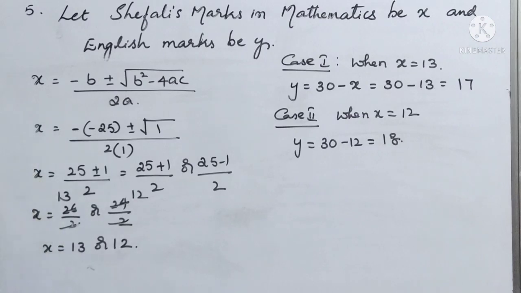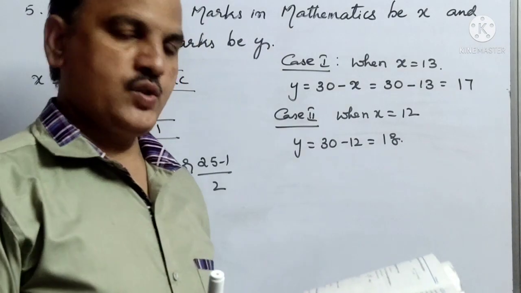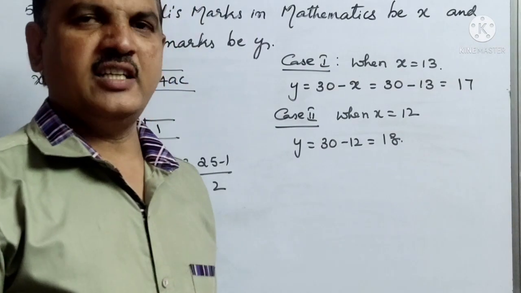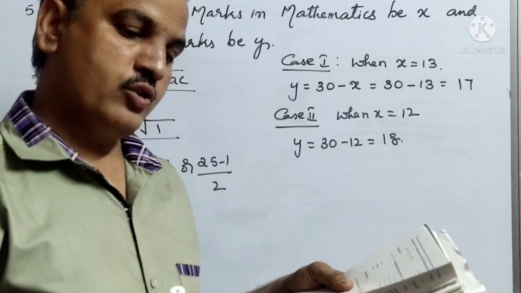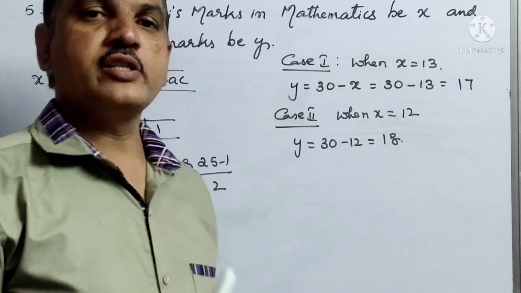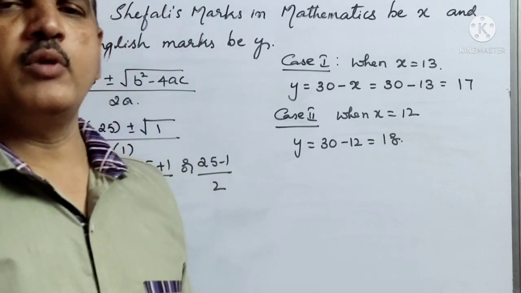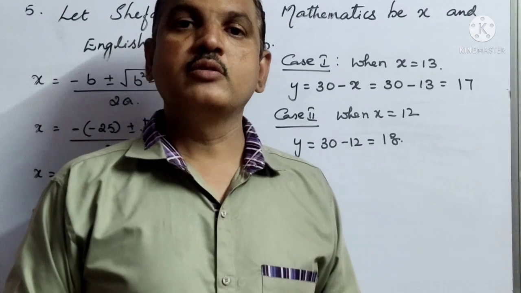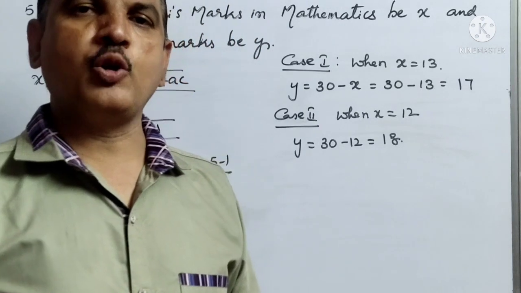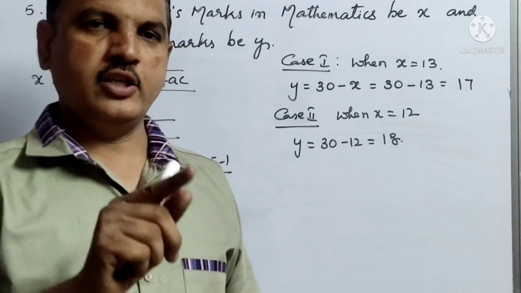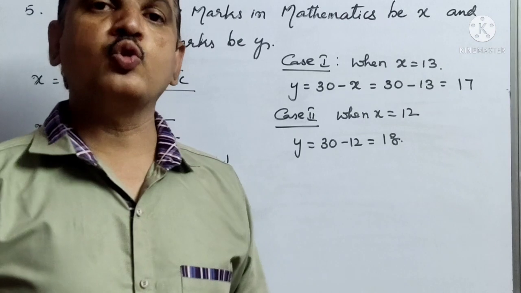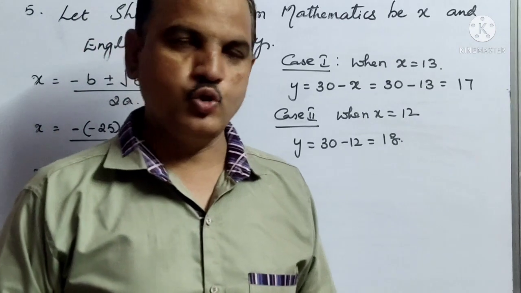Okay children, if it is possible, why don't you try any other sum like this? If not, do one small favor: exercise 4.3, second Roman, which asks you to find the roots. In question number 1, all by using the quadratic formula. What is the quadratic formula? x equals minus b plus or minus root over b square minus 4ac, by 2a.